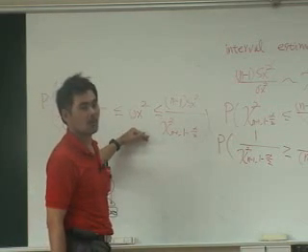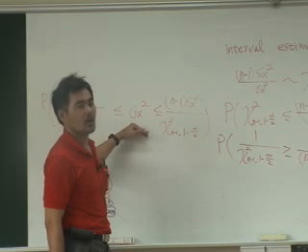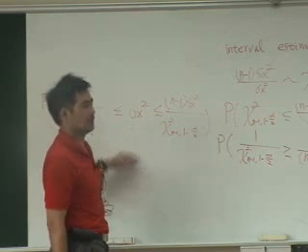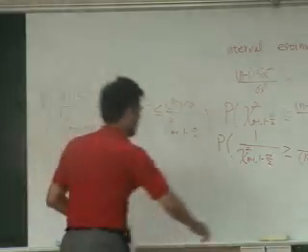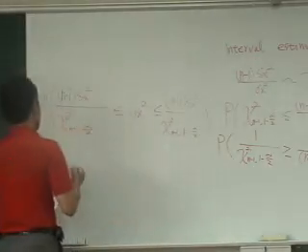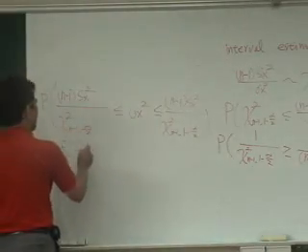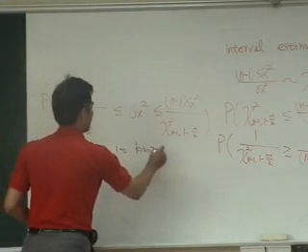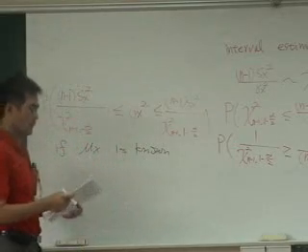Mu x is the population mean. So if the population mean is unknown, you use this formula. But suppose the population mean is known. Then you need to use a different formula.